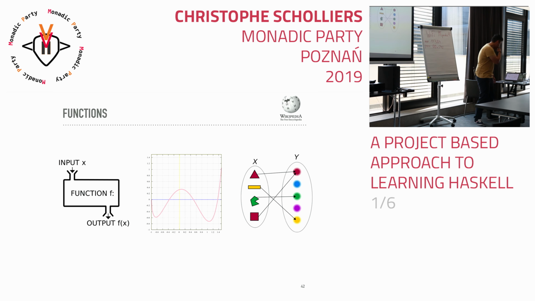So we are now going to look at functions, and these functions are very different from other programming languages, in the sense that they are mathematical functions. A mathematical function is going to give you the same result for the same input.